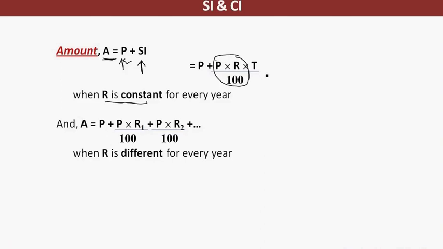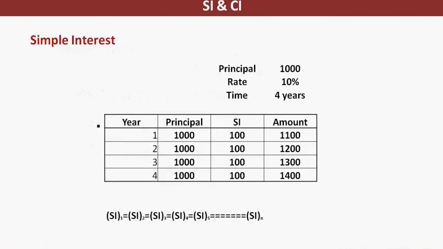This is the simple interest for 1 year, multiplied with T years, so as to get the total simple interest, and add it to the principal to give you your final amount. In case R is different every year, I'll calculate interest every year, add them to the principal, and that will get me my final amount.